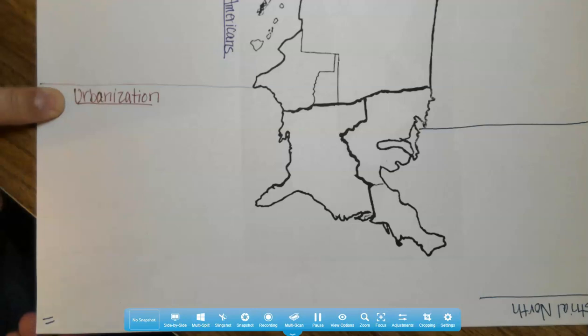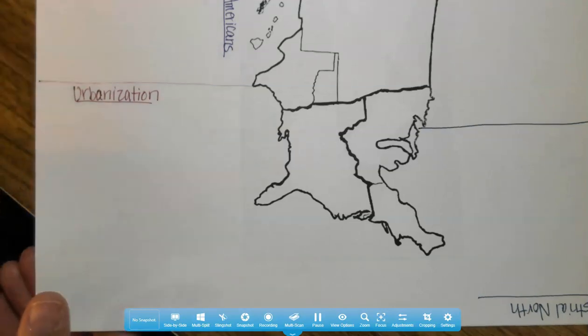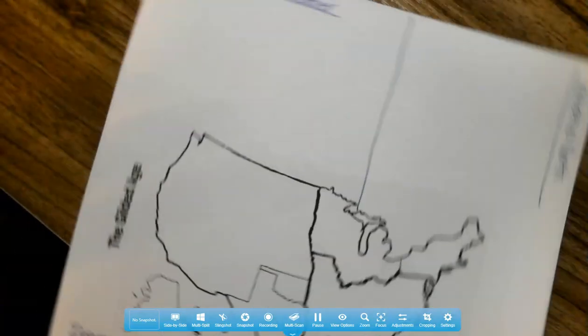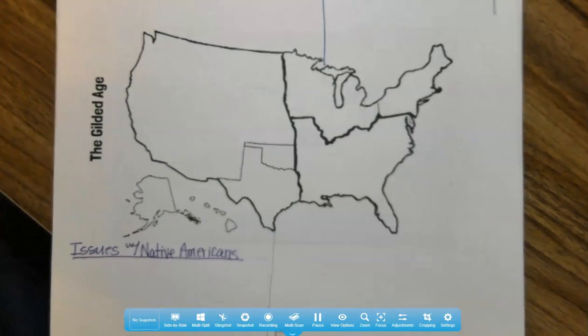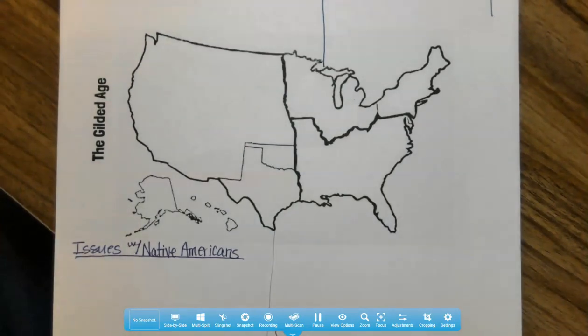Okay. All right. So the one thing that I want to start with is reminding you that the Gilded Age was different depending on what region of the country you were living in.